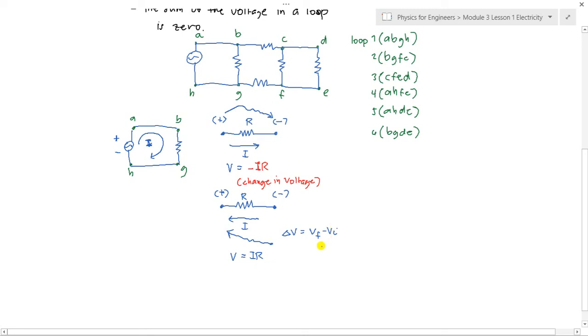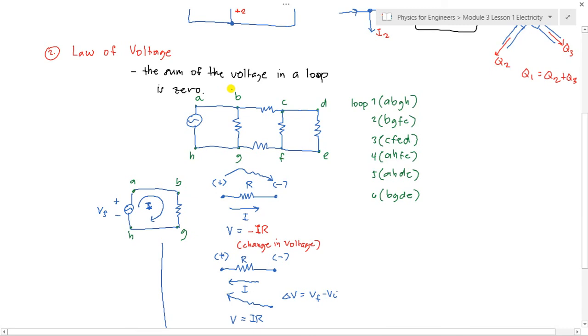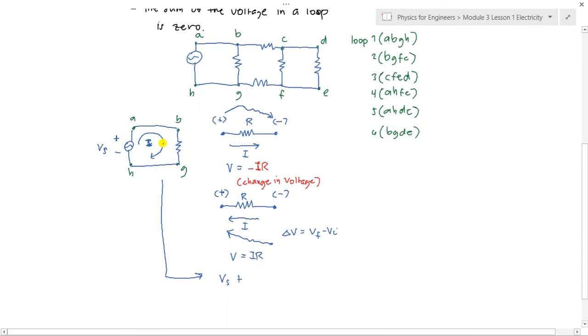So here in our example for loop ABHG, we can say that the voltage here, let's say this is the source voltage Vs. Of course, that is Vs plus, as we said, the sum of the voltage in a loop is 0.